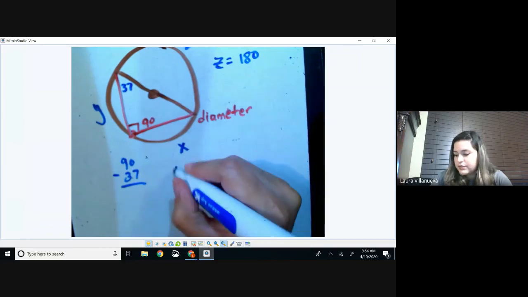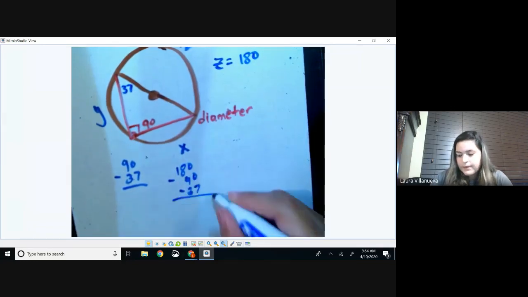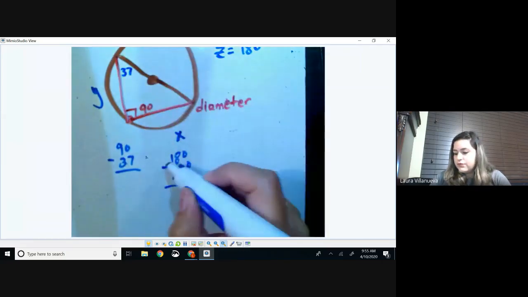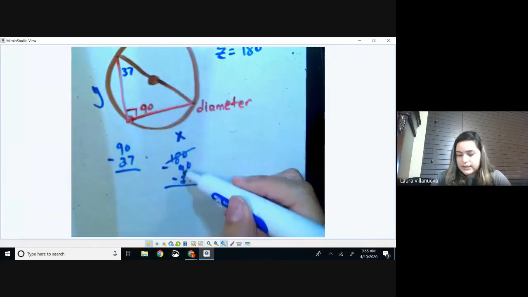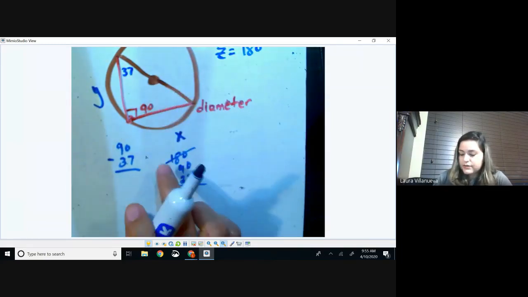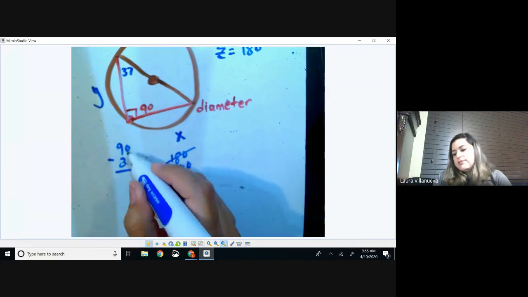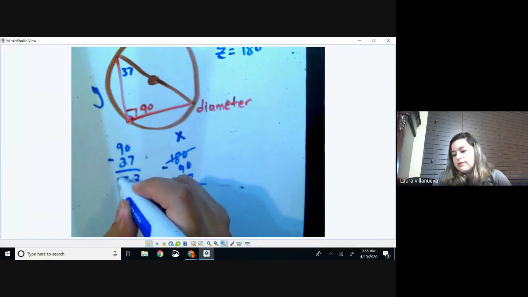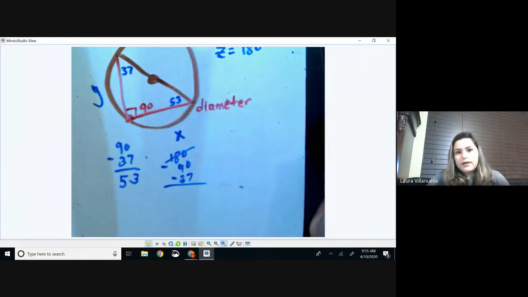So it's 180, the whole thing. 180 minus 90 is 90. Minus 37. So I'm going to do my 90 minus 37. Right here, this is going to be 53. So this is 53, right?